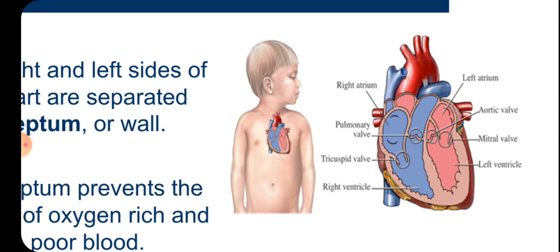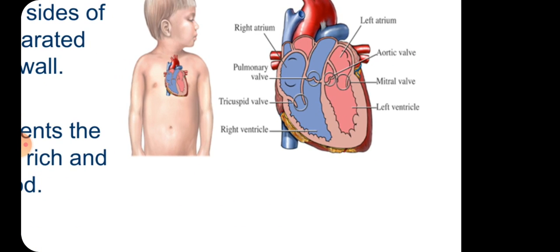As seen in this diagram, the blue colored portion is the impure blood, and here you see the red colored blood being the pure blood.